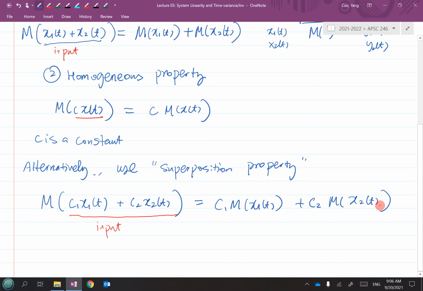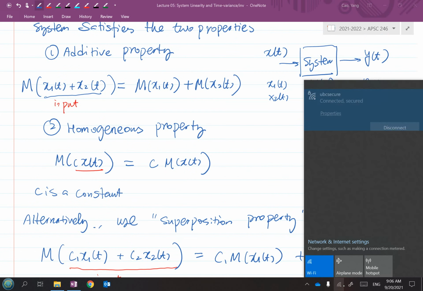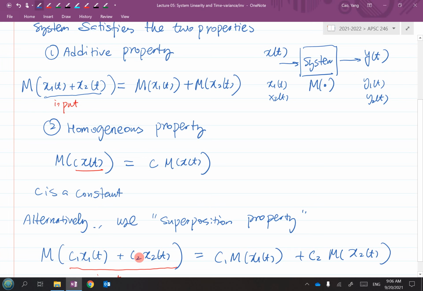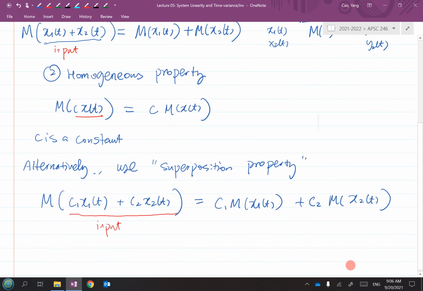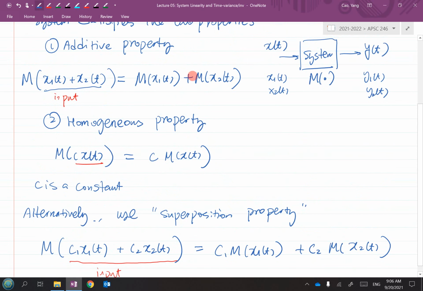In most of our assignments, we probably require you to do this separately as an exercise at least at this stage. Once you know how to do this, you are able to do this very naturally. In the previous lecture, we demonstrated using the additive and homogeneous properties to check system linearity.